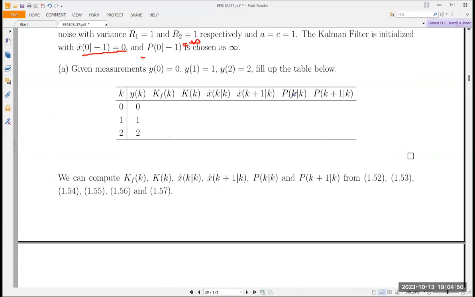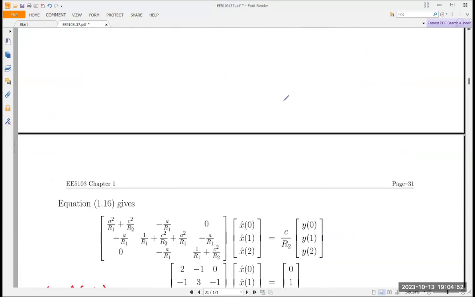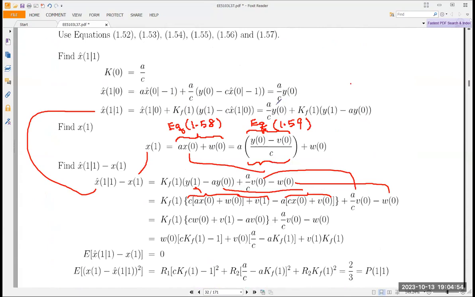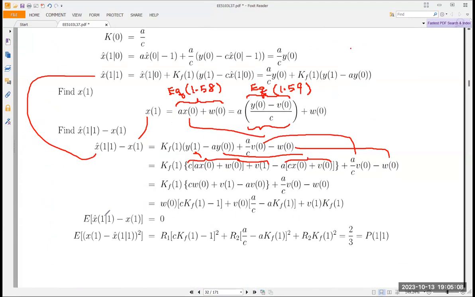Then this one will help you to replace this. Okay, so after that, then there's nothing. You just clean up the algebra, you will get this. Then clean up some more, you will get this. Then after that, this is where the interpretation is.